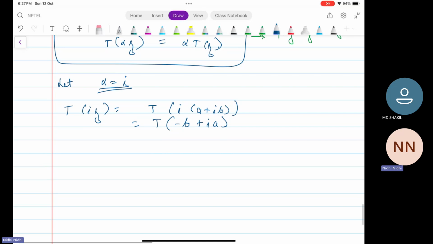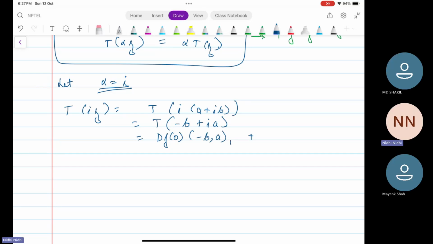So this will be df0 at minus b comma a first component plus iota times df0 at minus b comma a second component.